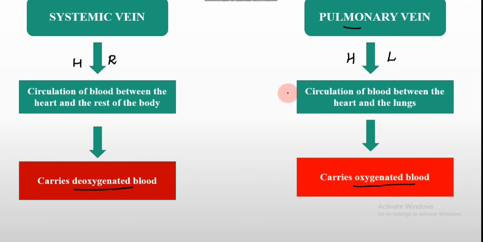Another important thing is that deoxygenated blood will always be dark red in color and oxygenated blood will be bright red in color. That is the major difference you have to see between oxygenated and deoxygenated blood. So I think you people are clear on this.